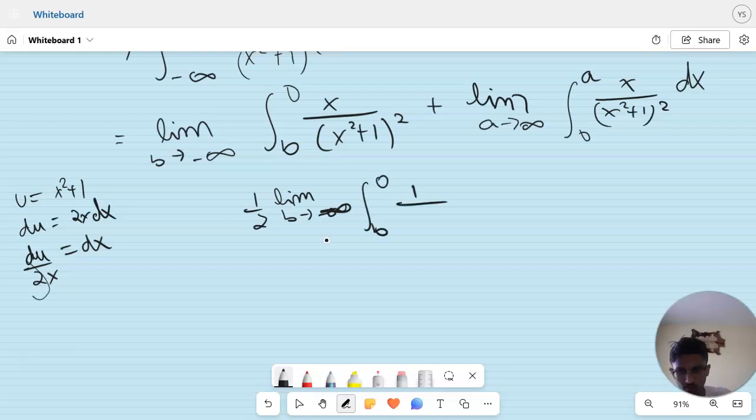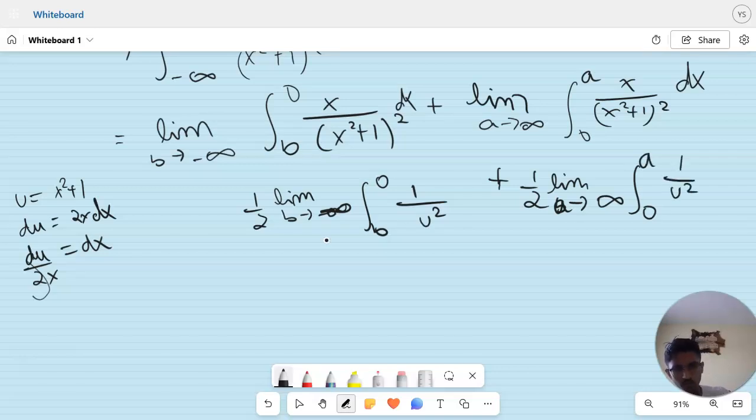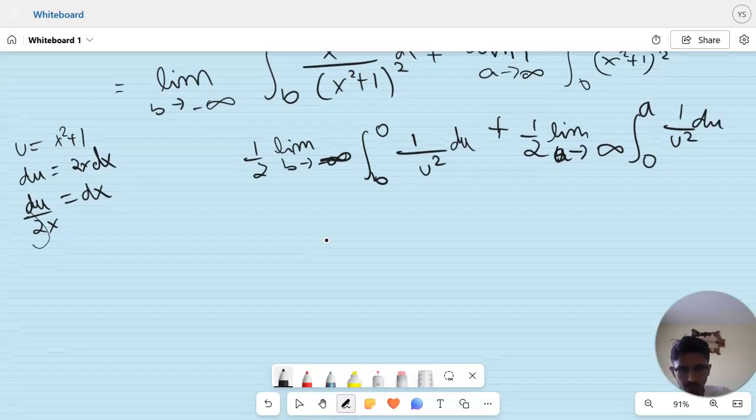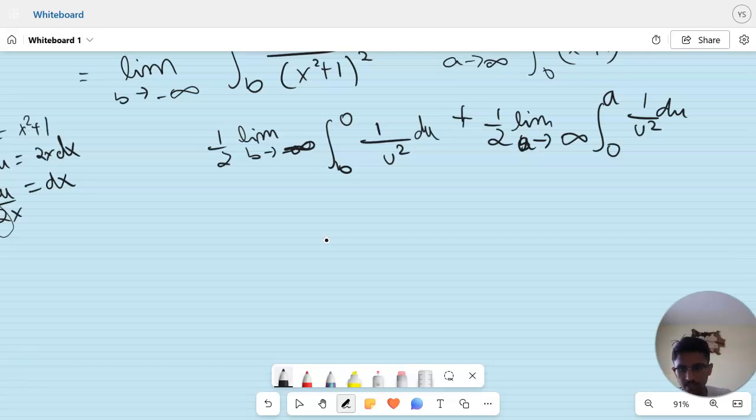The x over here is going to cancel out that x when we plug in our dx, so it's going to give me 1 over u squared, plus, similarly with this also, the limit as a goes to infinity from 0 to a, 1 over u squared du, remember? Now we could change the bounds, but let's just plug it in as it is. Let's plug back in our original u's.